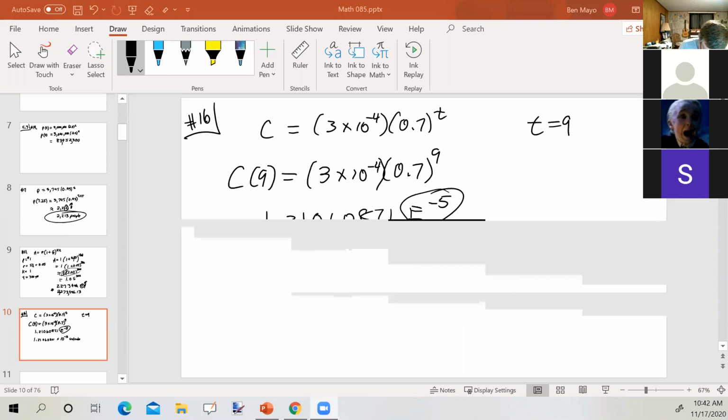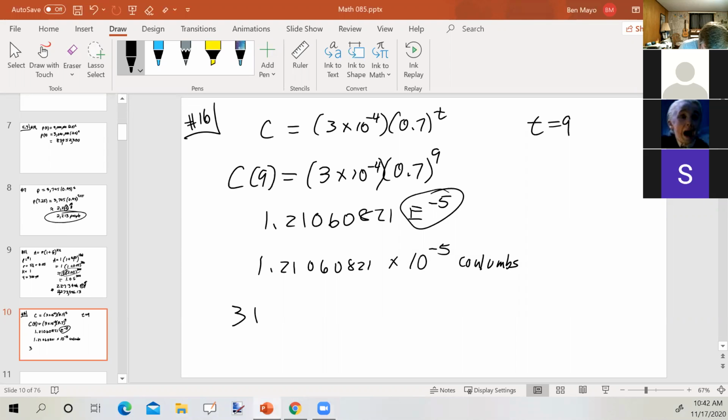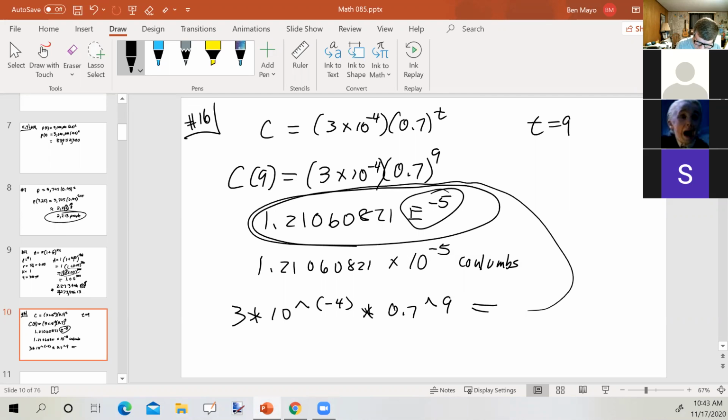I put 3 times, that little symbol is what shows up in my calculator as a times, 10 to the negative 4, close parentheses, power, times 0.7 to the 9th power equals. And when I did that, this is what showed up.